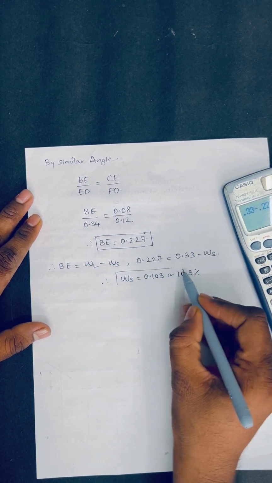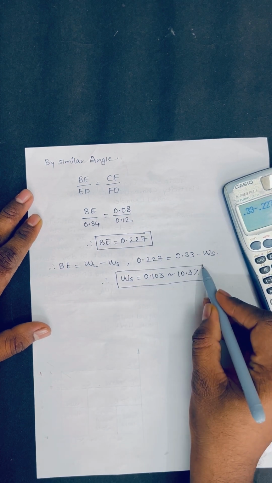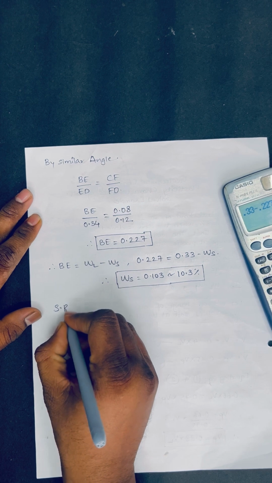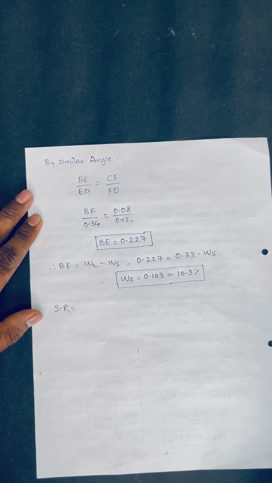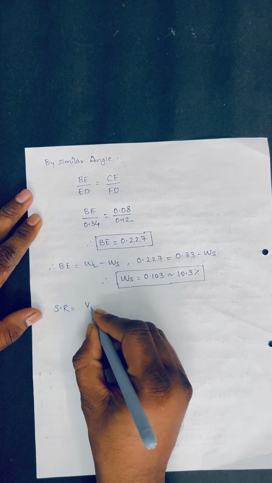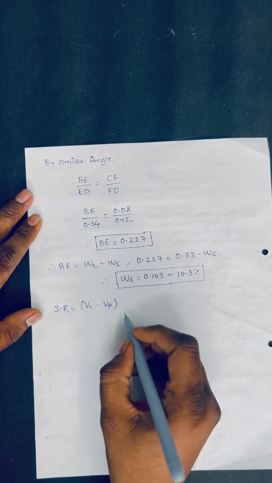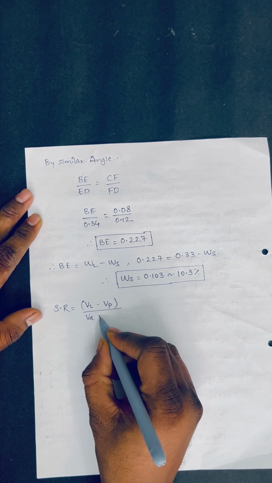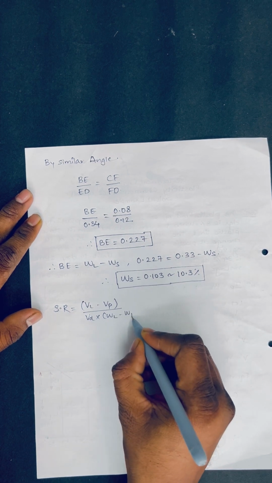Now the next part is to find out the shrinkage ratio. So shrinkage ratio SR can be found out using the expression VL minus VP upon VD into WL minus WP.